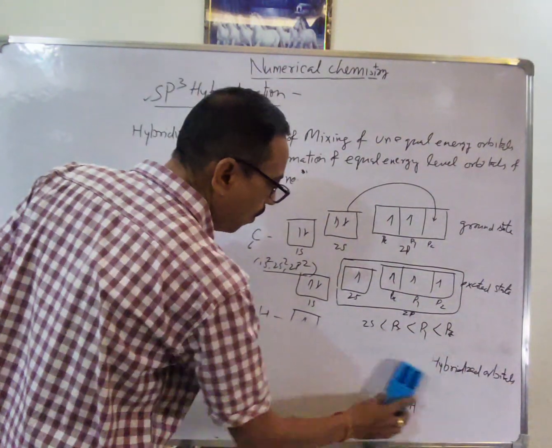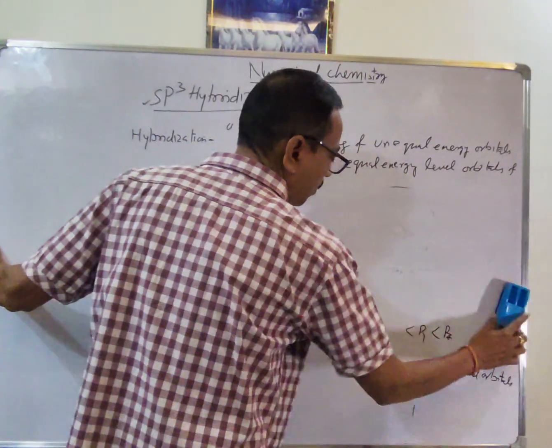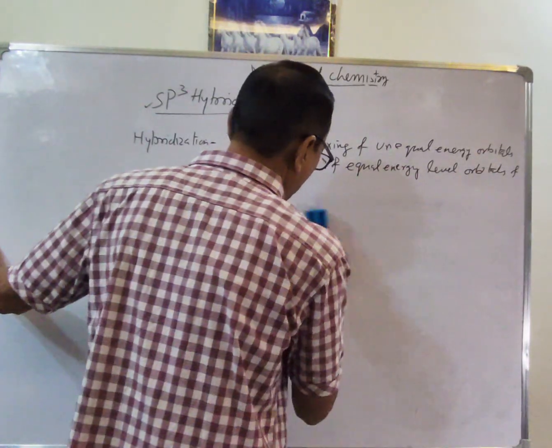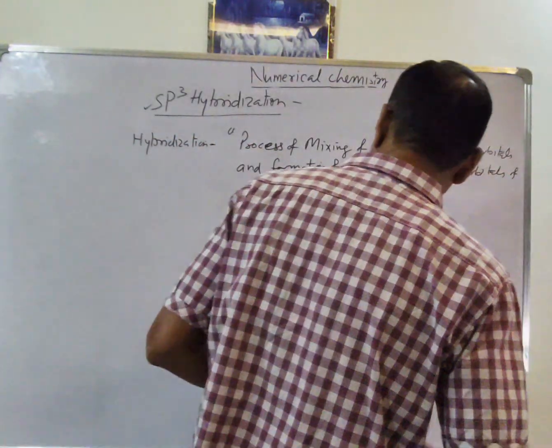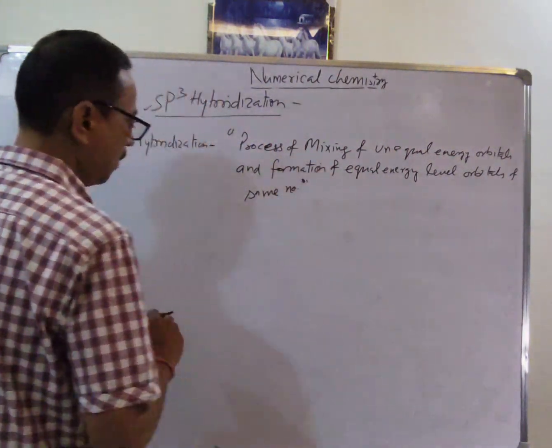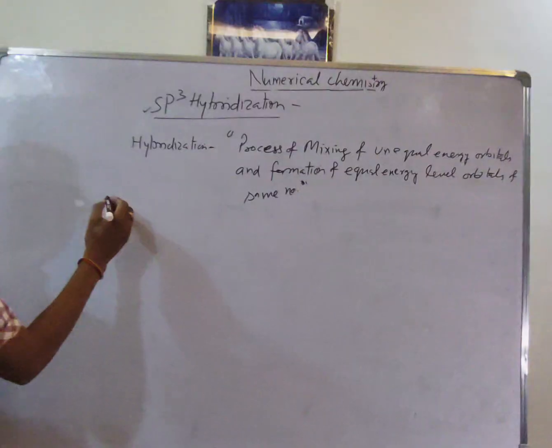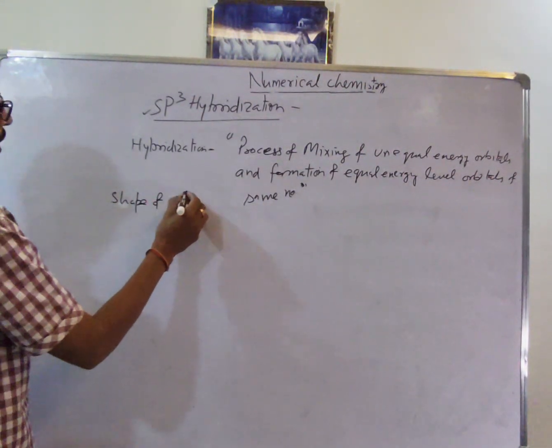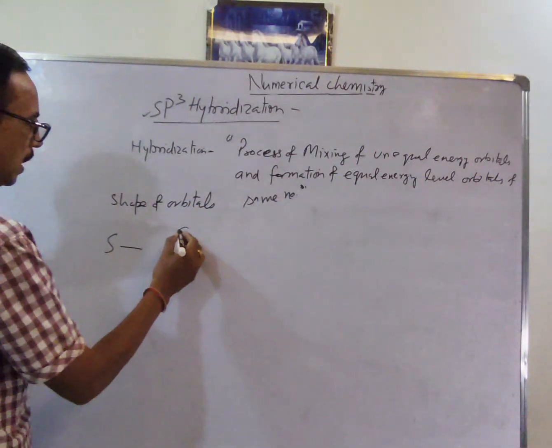This is the box or energy level form. Here the energy of 1s is less than 2s and so on. So I will give you some pictorial. Carbon, shape of orbitals, note down the shape of orbitals. s is spherical.